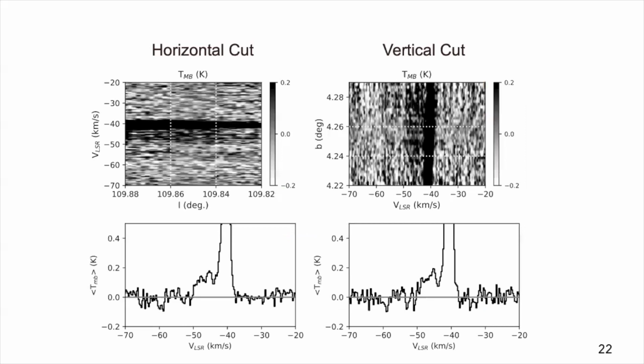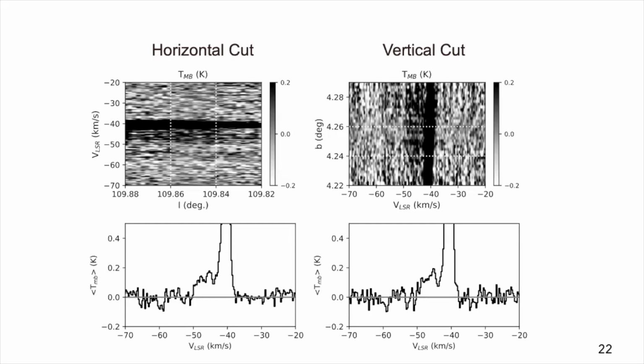These are positioned along the horizontal cut, the vertical cut, and now I've increased the saturation of the images a lot more from what I showed previously. The saturated points that you see at minus 40 kilometers per second is that PDR gas. But you can also see there's a very faint level of emission between minus 43 kilometers per second and up to minus 50 kilometers per second in both the horizontal and vertical cut.